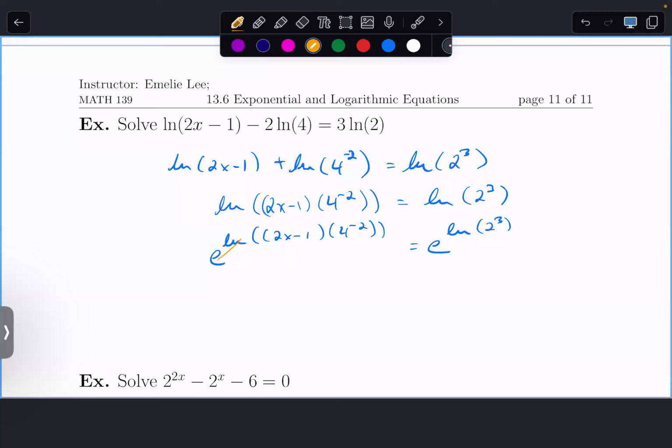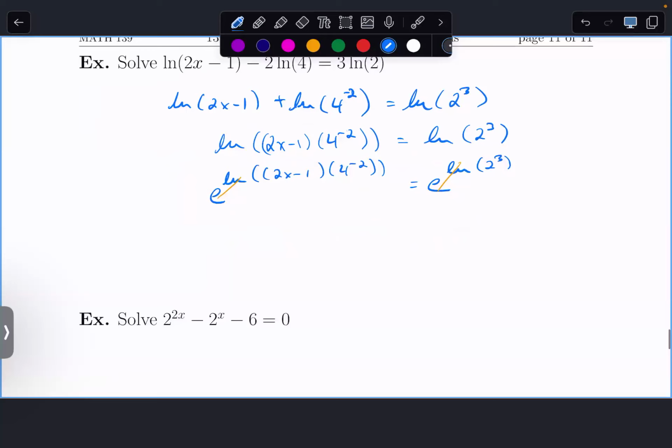Now, we use e because it's log base e, so then I can cancel these, and all of a sudden, I'm left with 2x minus 1 times 4 to the negative 2 is 2 to the power of 3.